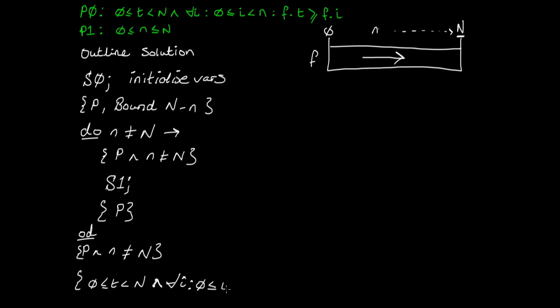Because small n will be equal to large n, we can substitute back in large n. So the first thing we need to do is initialize our variables, and that is S0. And then we'll move on to look at what needs to happen in the loop body at S1.